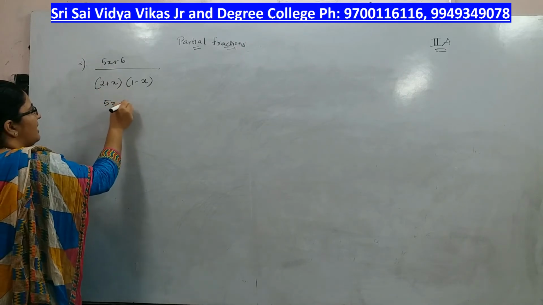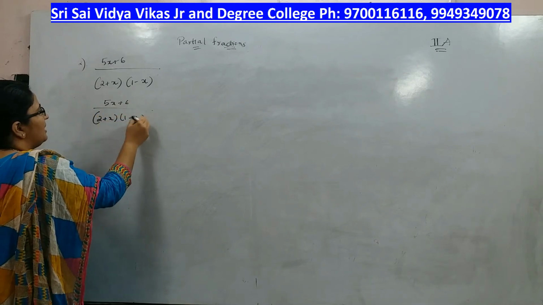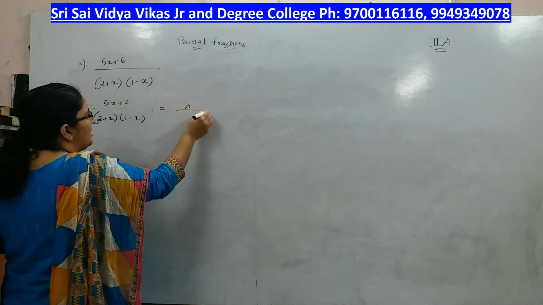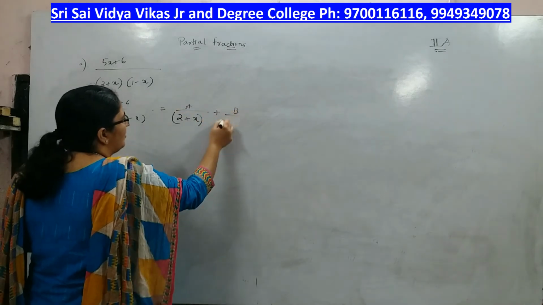(5x + 6) / ((2 + x)(1 - x)) is equal to A/(2 + x) plus B/(1 - x).